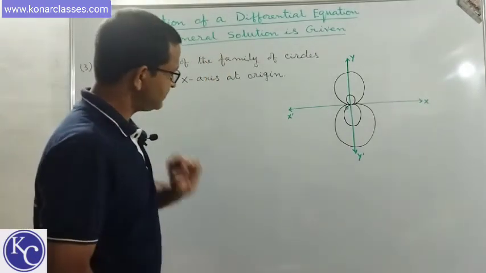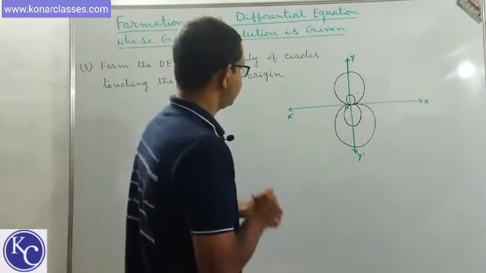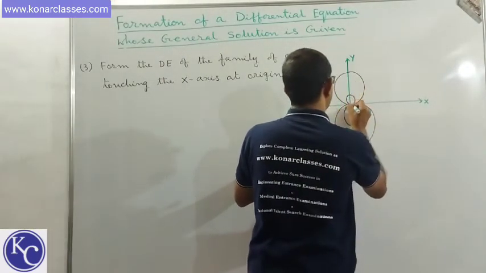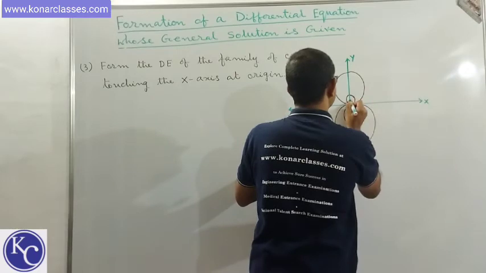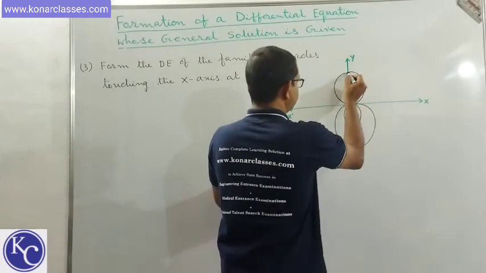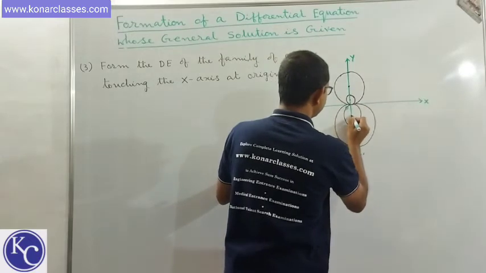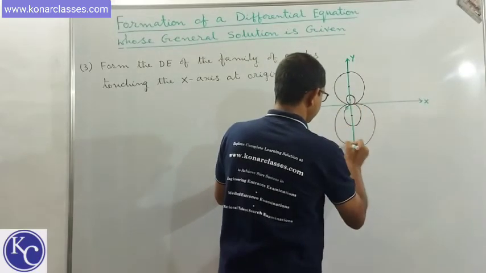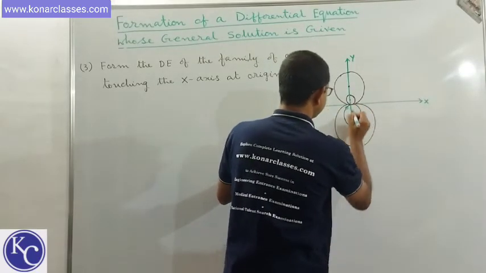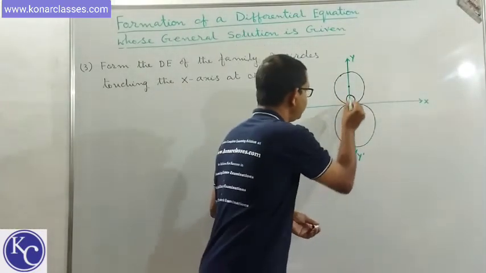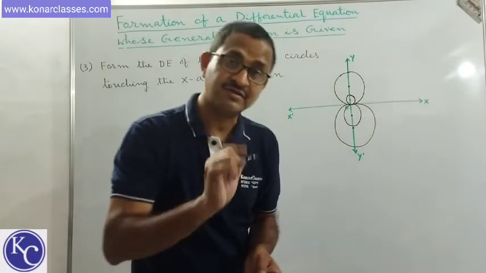And all these circles have the center on the y-axis. For example, this small circle has the center here, this circle has the center here, and this big circle has the center here. The points I drew in black color are the centers of these circles.